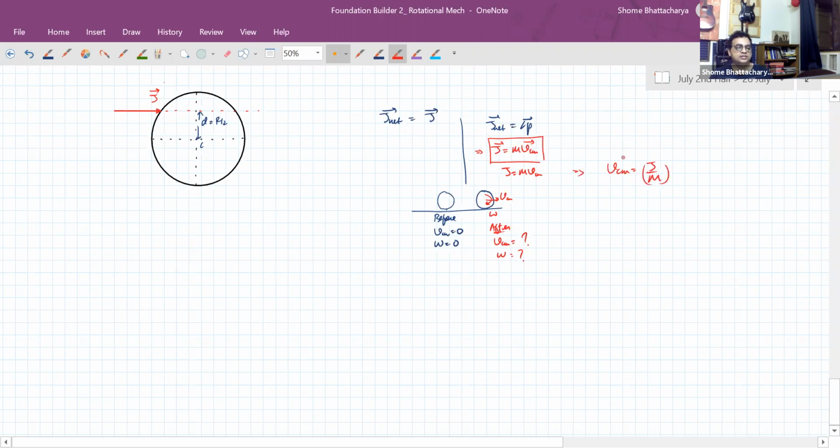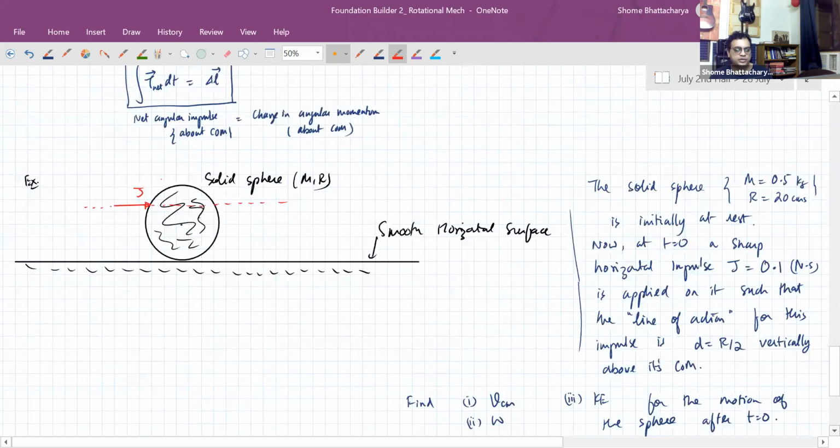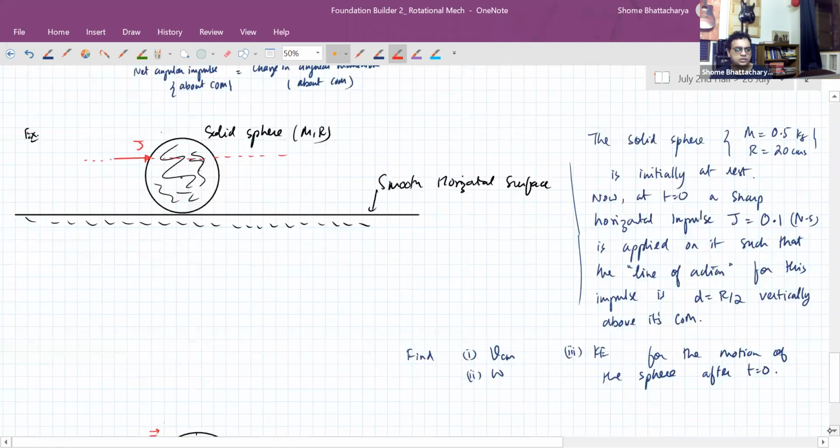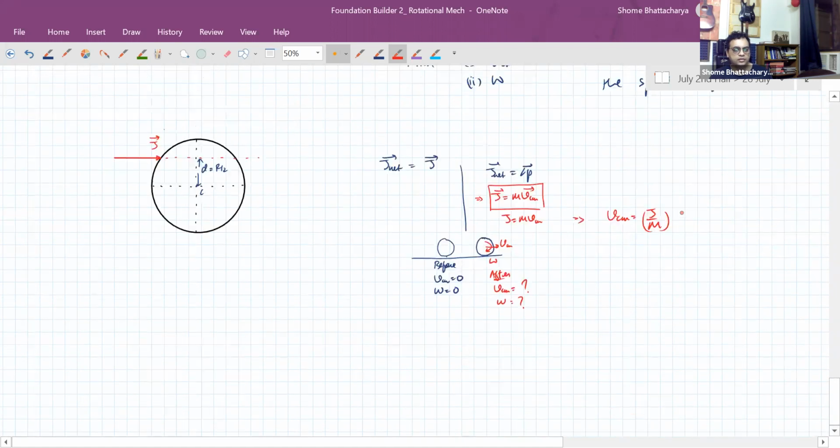Okay. So as a result of this impulse, the center of mass will start moving horizontally with a velocity according to the values given. J was 0.1 Newton second and the mass was 0.5 kg. So in SI units, the velocity of the center of mass will become 1 by 5 or 0.2 meters per second horizontal.